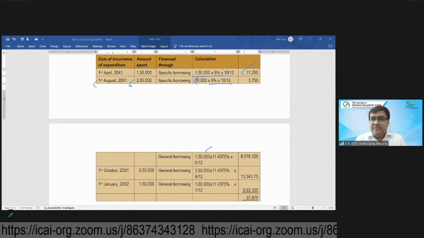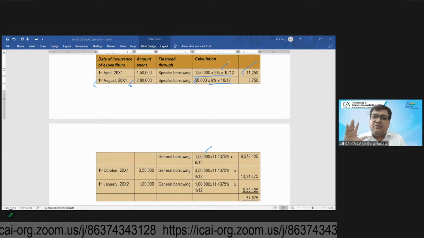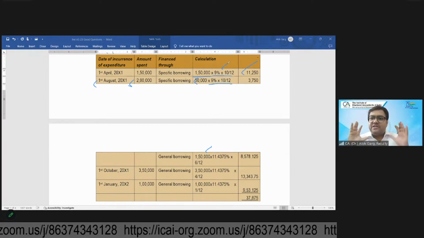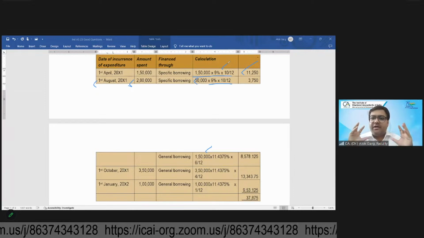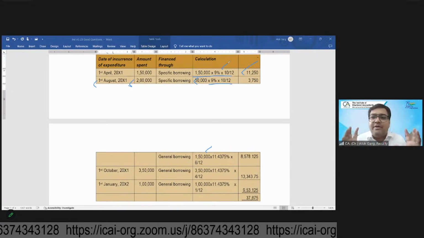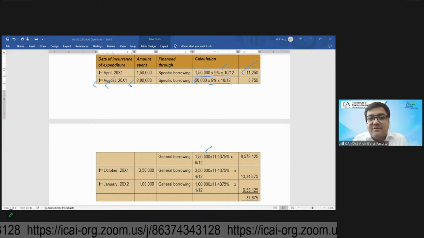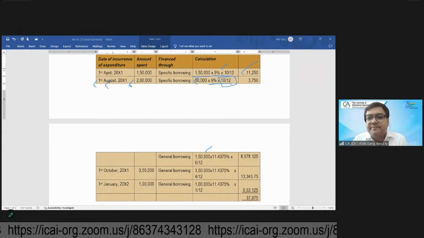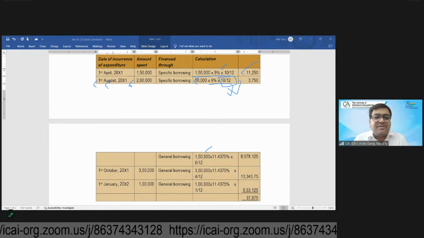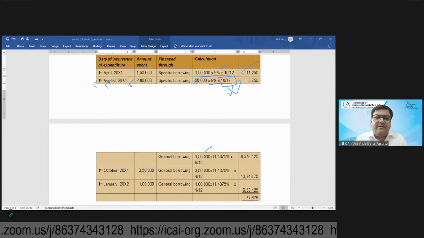This specific borrowing I had already taken on 1st April 20x1, correct? So in case of a specific borrowing, whatever amount you have taken for that specific borrowing, once the construction has started, the entire amount is going to be capitalized. And you can see, while the expense was incurred on 1st August, for the 50,000 the interest calculation was taken for 10 months. Is that clear?